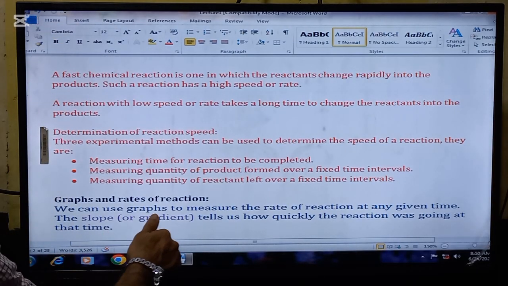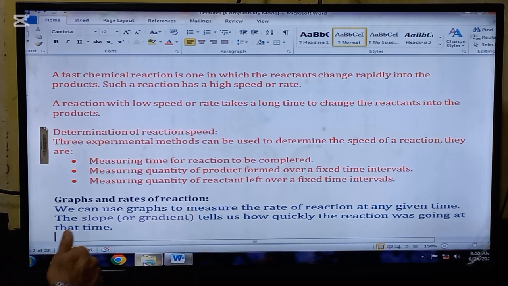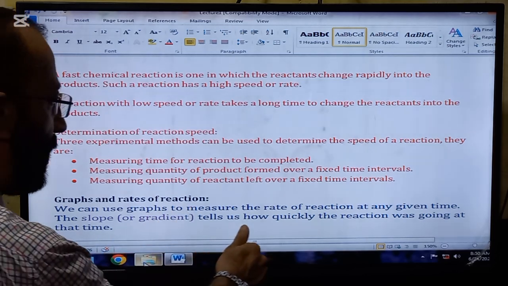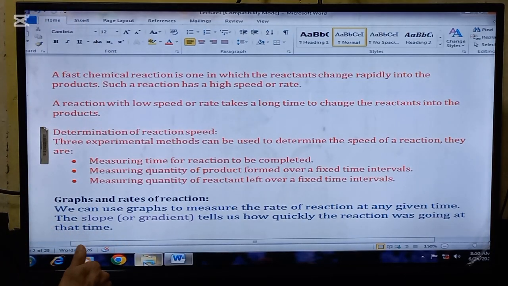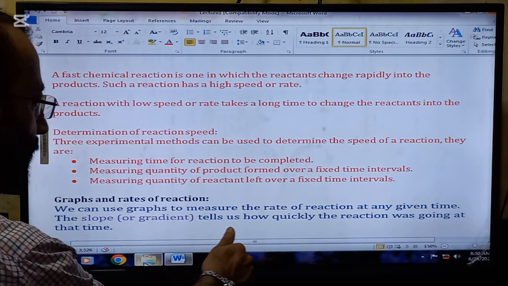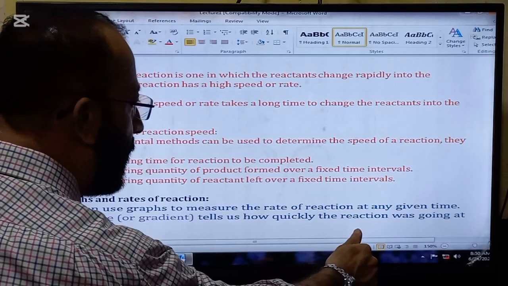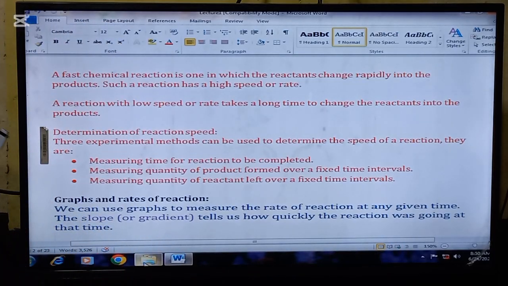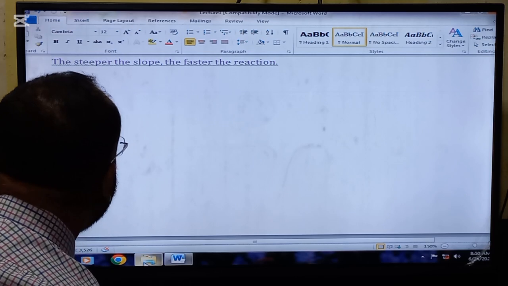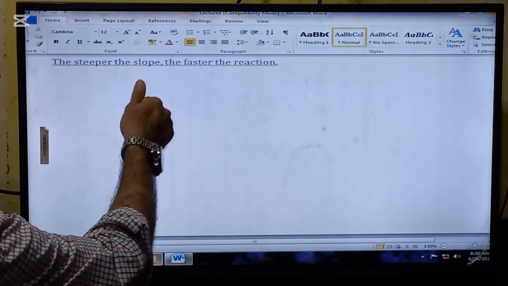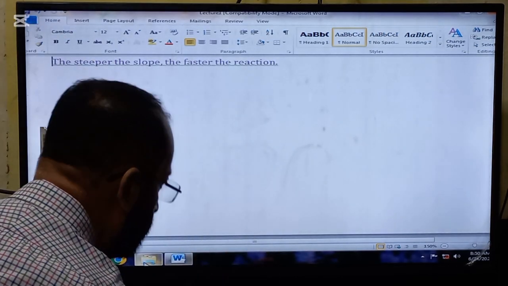Graphs and rates of the reaction. We can use graphs to measure the rate of the reaction at any given time. The slope or gradient tells us how quickly the reaction was going at that time. So look at now, we will see the steeper the slope, the faster the reaction.